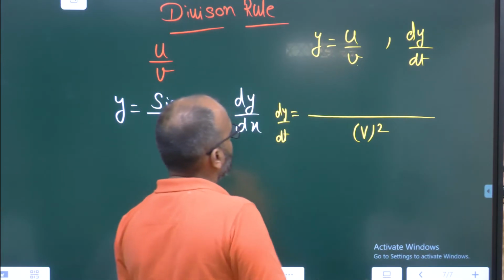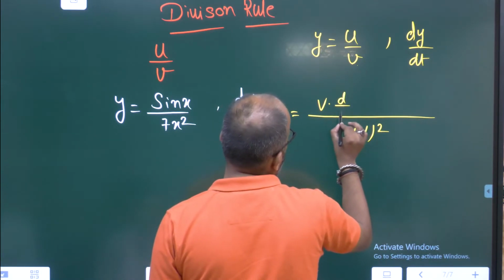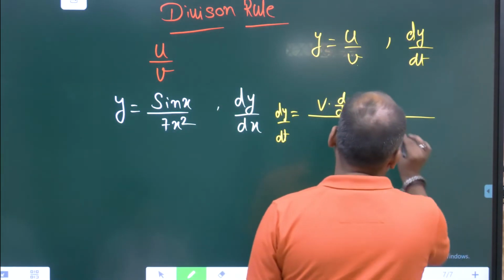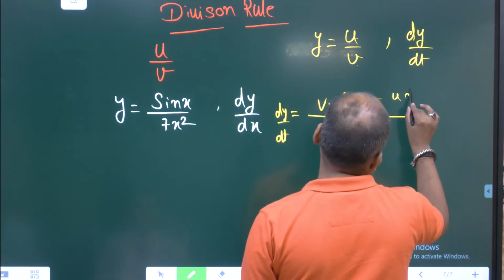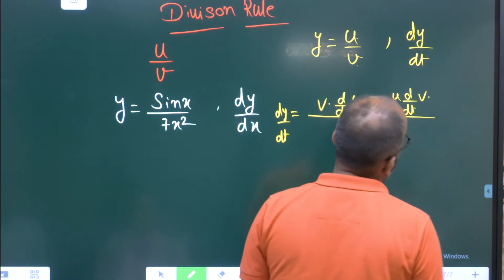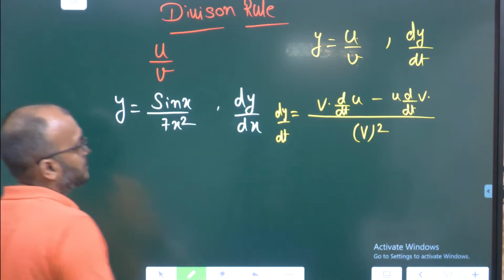Now keep the denominator constant and differentiate the numerator. Then put a minus sign. Now keep the numerator constant and differentiate the denominator. Okay? Understood?